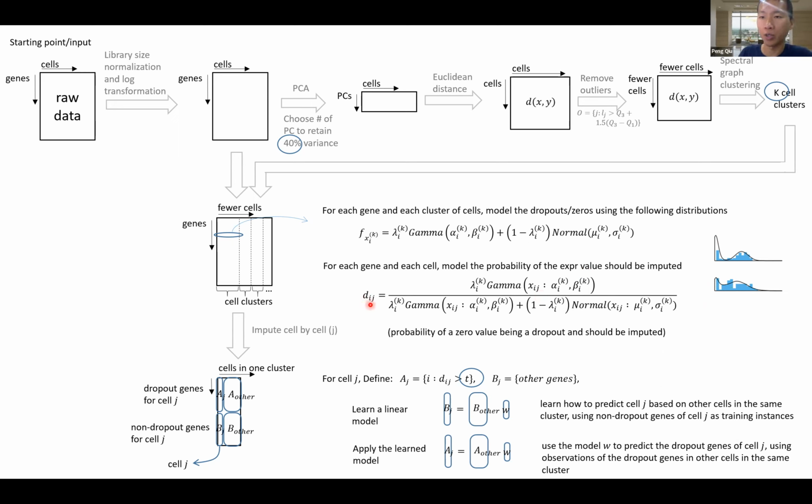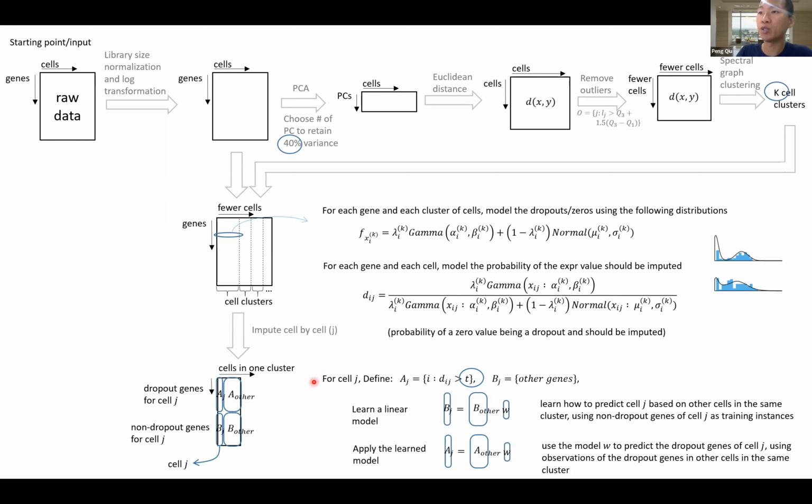And then later they say that only for zeros whose corresponding probability of being an artifact is sufficiently high, only for those zeros, they're going to do imputation and replace those zeros by non-zero values.